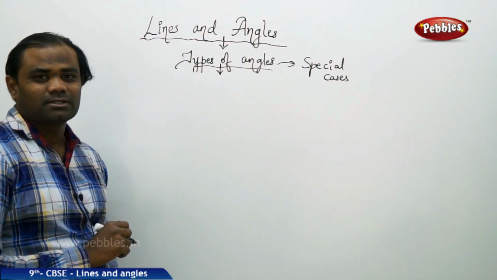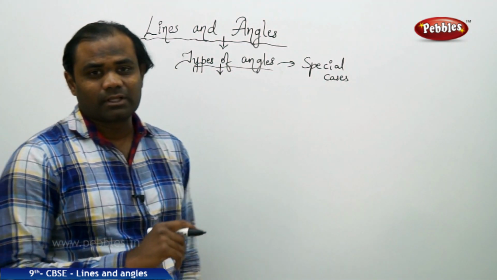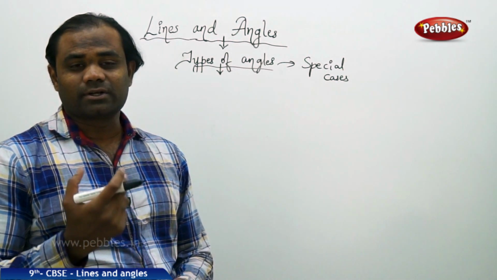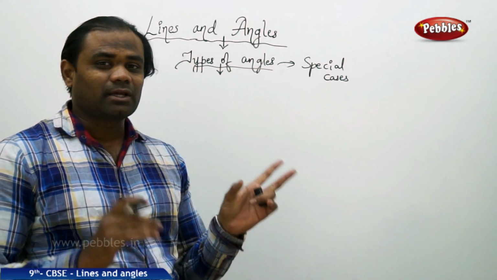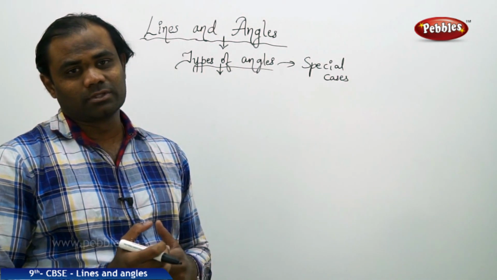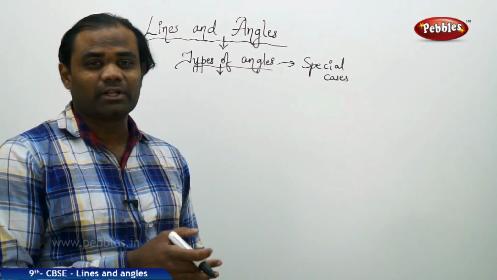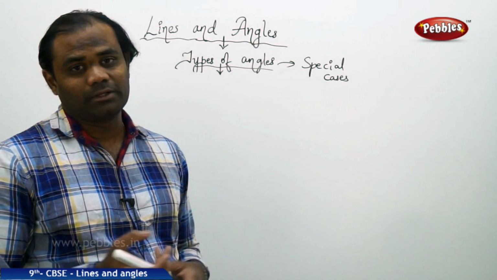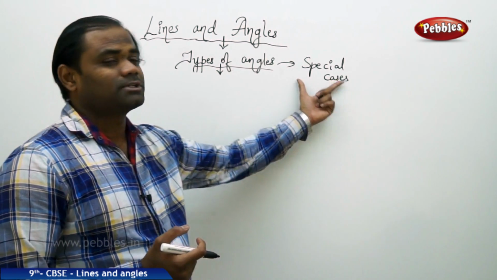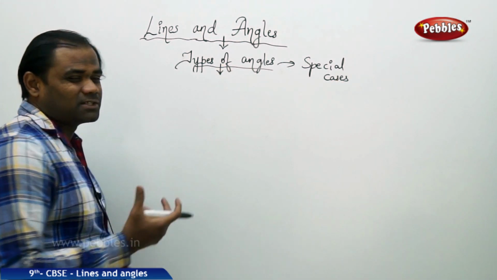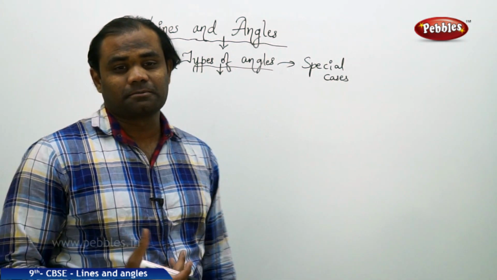Now in this case, as we have seen that an angle less than 90 is acute, when x is 90 it's a right angle, more than 90 and less than 180 is obtuse. Now comes the investigation on what happens if the angle is 180 or more than 180 as special cases for types of angles. Let me take the first case of 180 degrees.